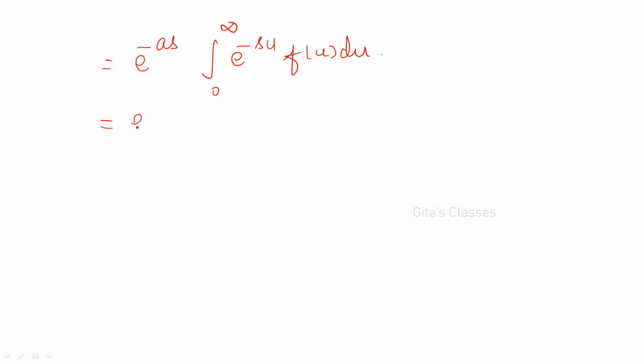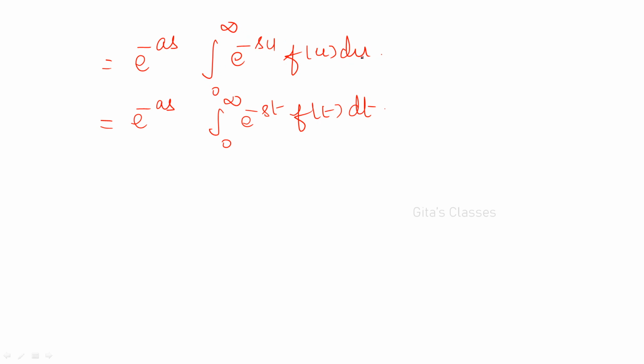This can also be written as e power minus as into integral 0 to infinity e power minus st f of t dt. Here the variable is called a dummy variable, because with respect to the variable u you are integrating and substituting the limits from 0 to infinity. So after that u will not be there.